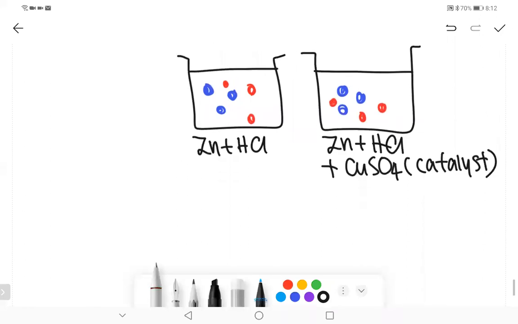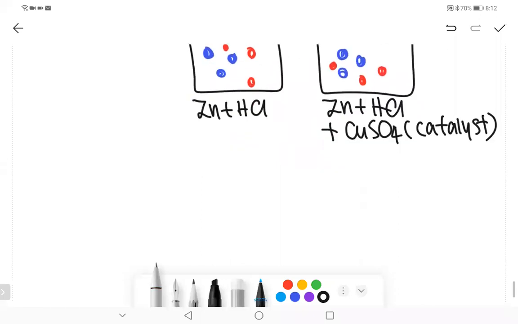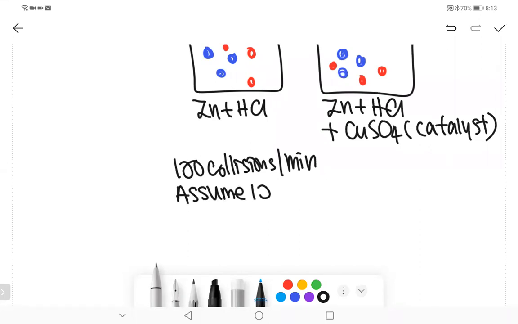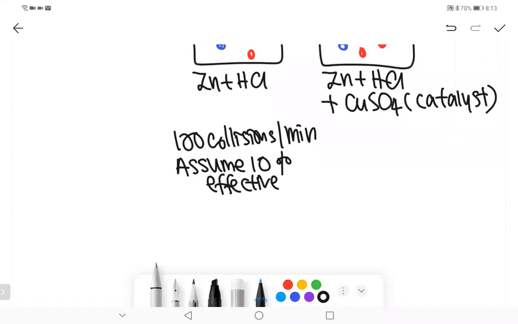Let's look at the numbers again. Catalyst is very special. Initially, let's say we have 100 collisions per minute. Assume only 10% is effective, so out of the 100, we only have 10 effective collisions per minute.